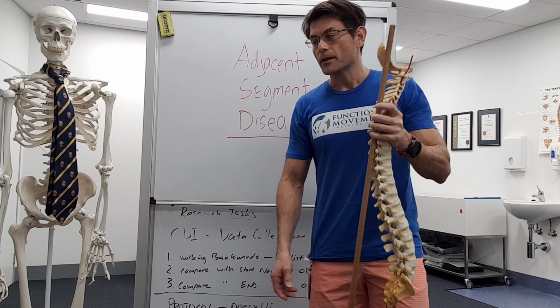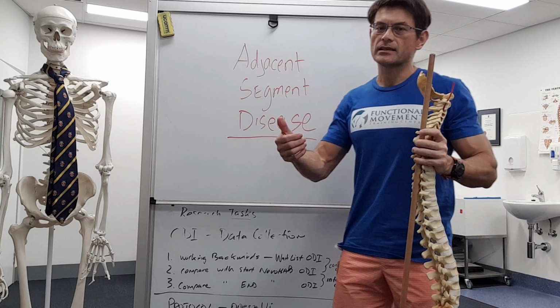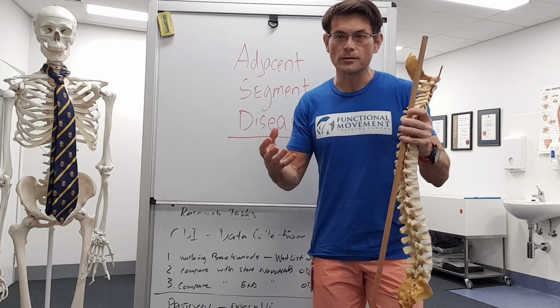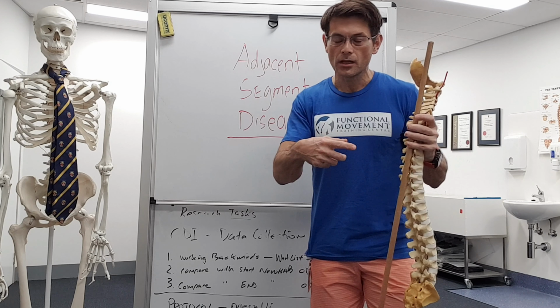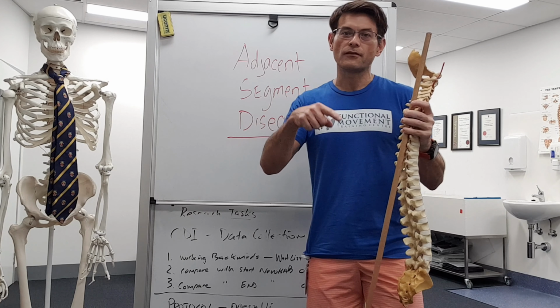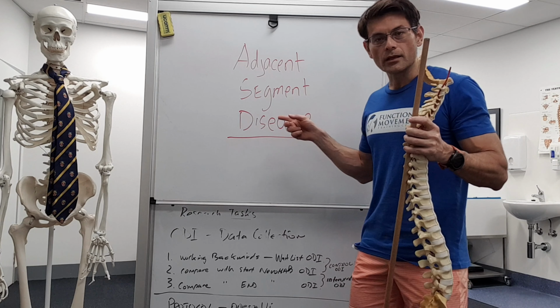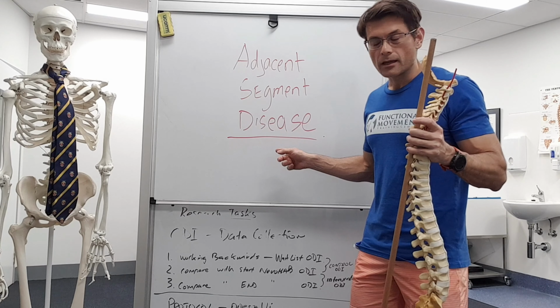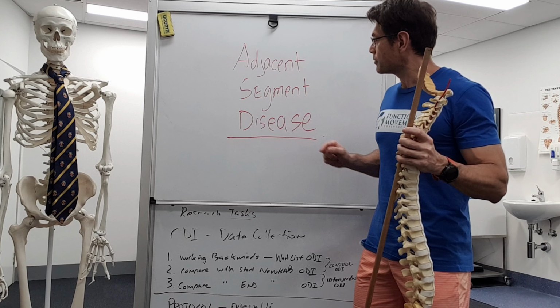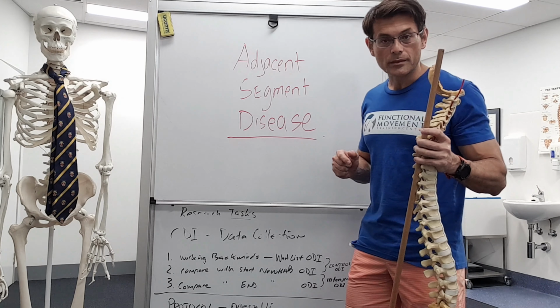By fixing the functional movement deficits in the person, we can prevent the secondary structural breakdown, and that is how we prevent adjacent segment disease.